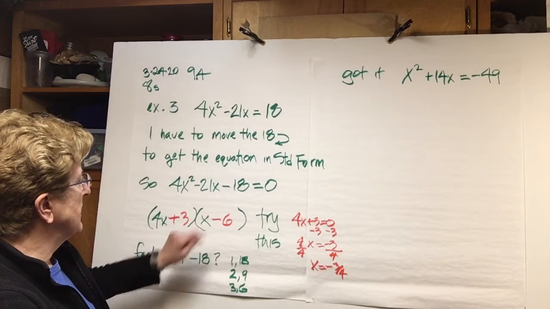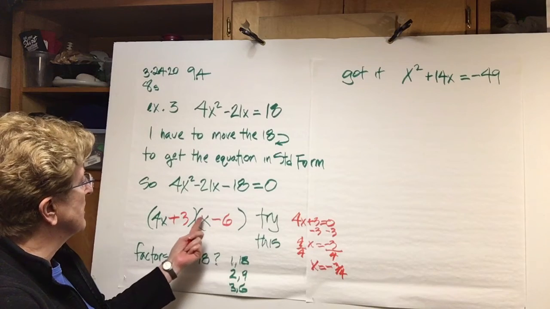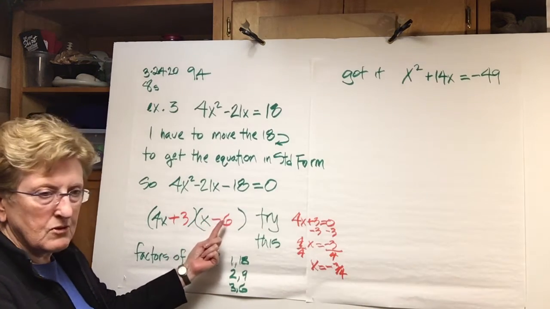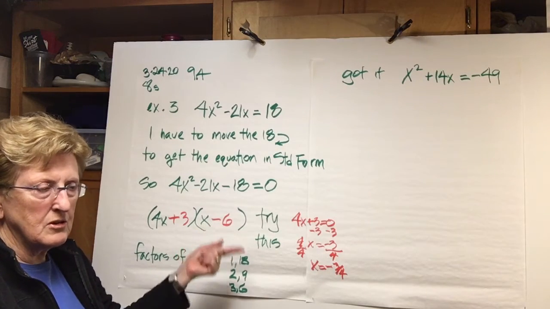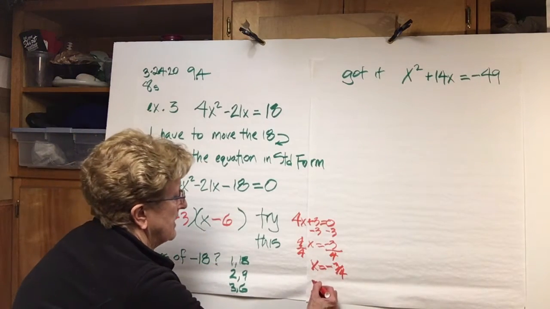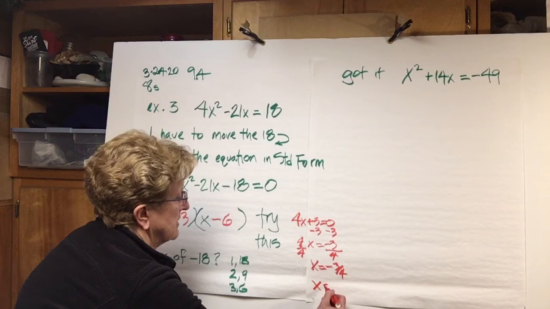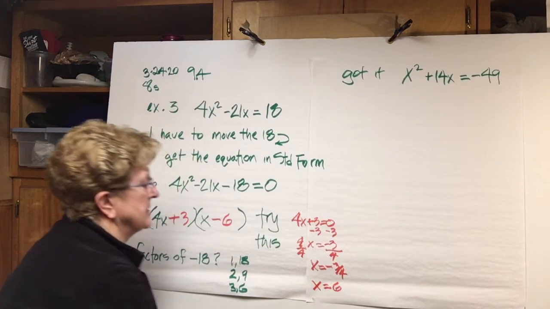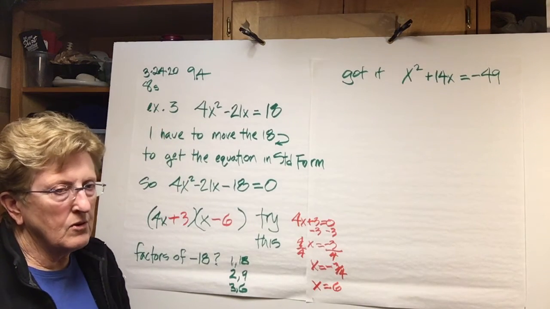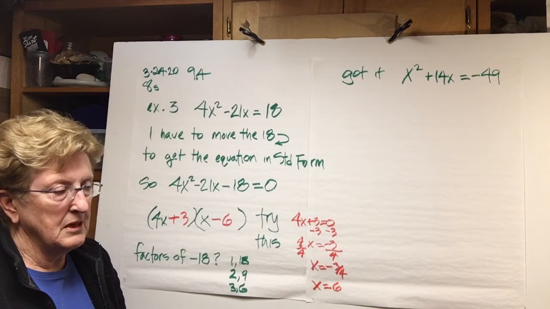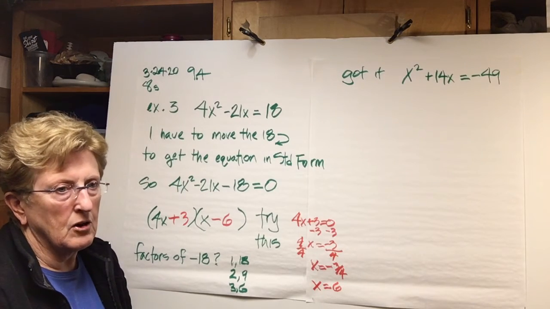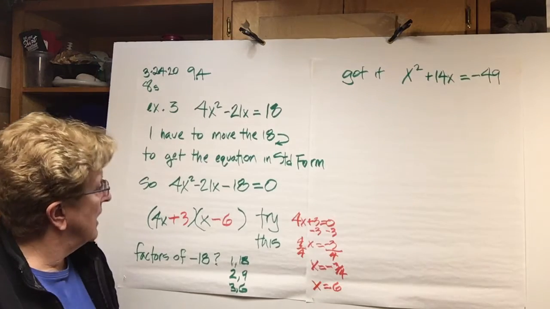Over here on this side, I'm not going to rewrite the whole thing. x minus 6 equals 0. I'm going to move the 6 over. So on this side, x equals 6. Now again, you know that you can find the axis of symmetry, which is negative b over 2a.